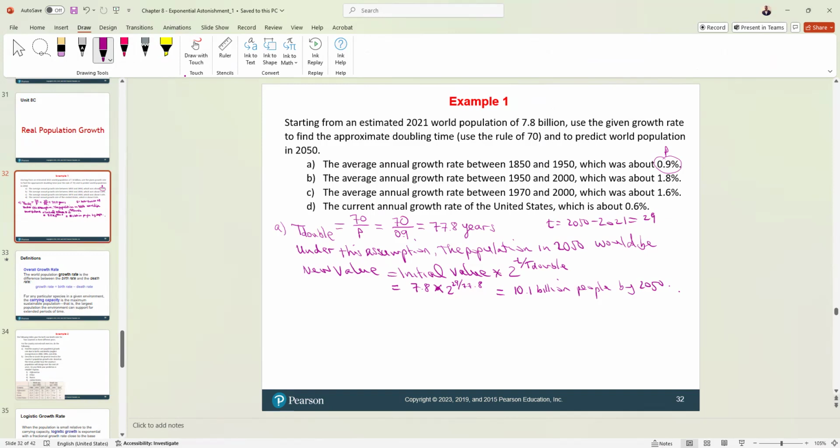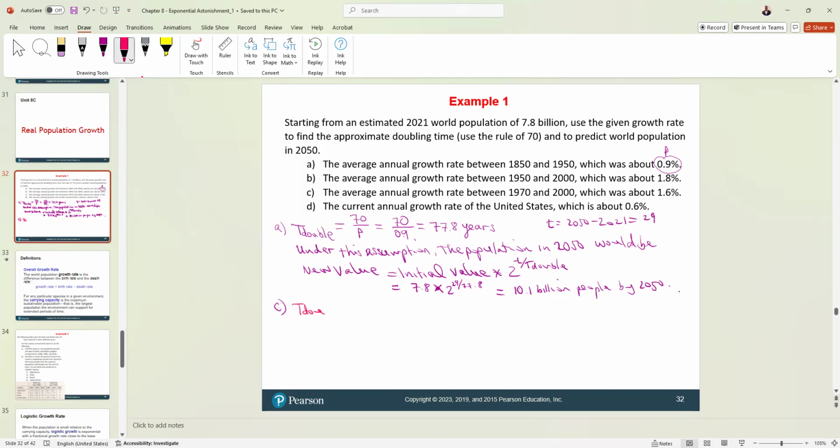The next one, what they ask you, if we want to do either A or B. If we want, you know what? Let's do C. The average annual growth rate between 1970 and 2000, which was about 1.6%. Okay, so we said T double.